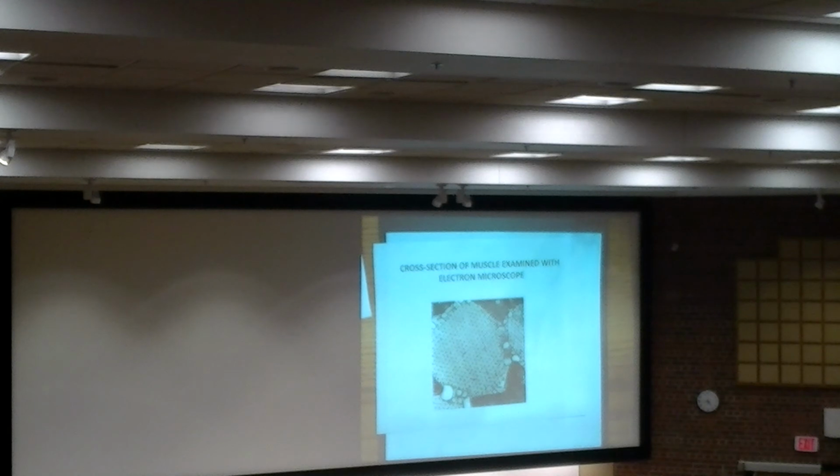What are these thick and thin filaments doing to produce contraction? How are we going to determine this? I'm not going to let you go until we answer this one question. How are we going to determine what the roles of these thick and thin filaments are in contraction?